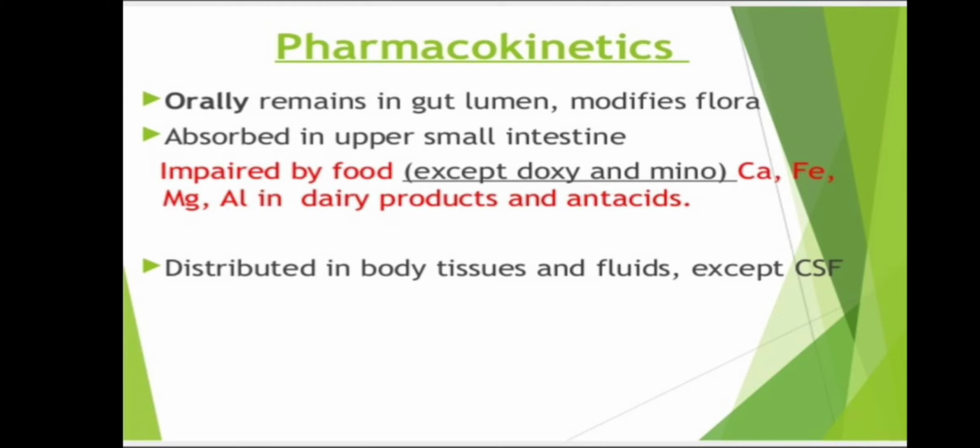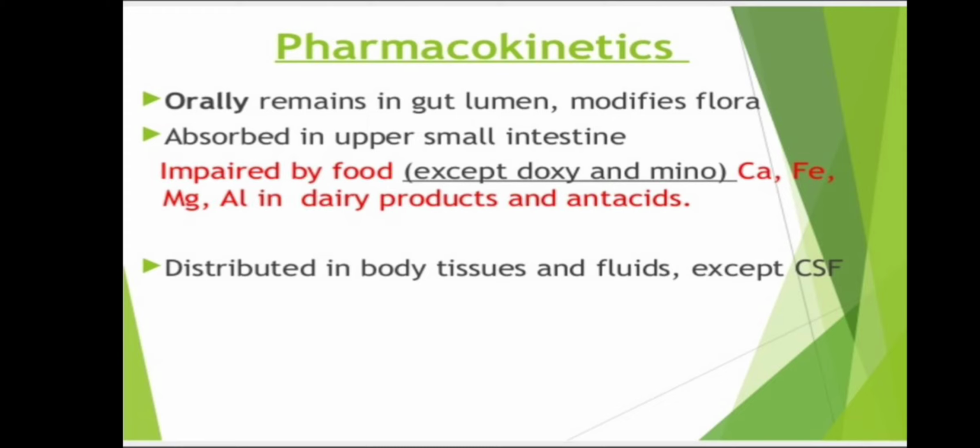Second, it is absorbed in the upper small intestine. Absorption is impaired by food, except for doxy and mino, and by calcium, iron, magnesium, aluminum in dairy products and antacids.